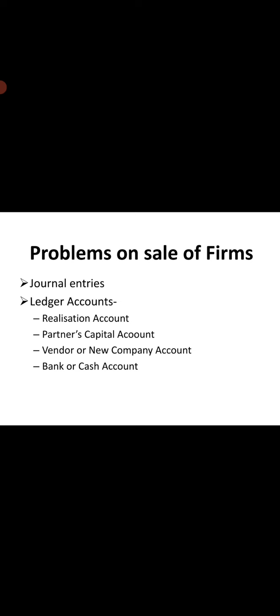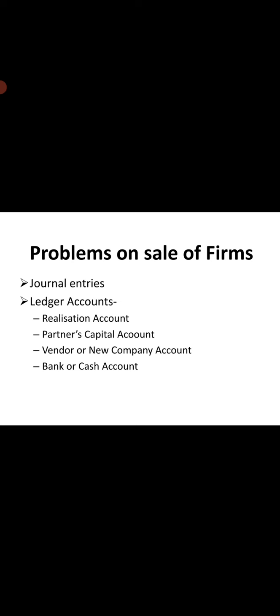Total assets taken over value is 1,45,800, and the firm has agreed to pay goodwill 5,000. If you add 5,000, the agreed value of assets taken over is 1,50,800. From this, we have to reduce the liabilities.